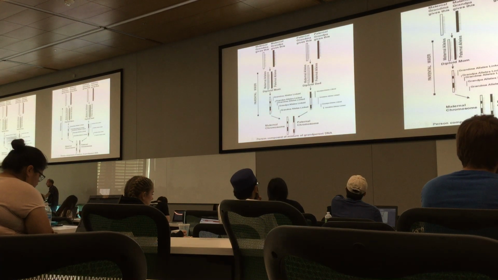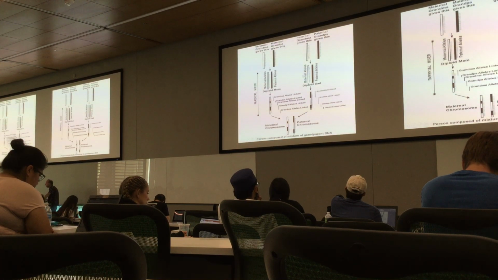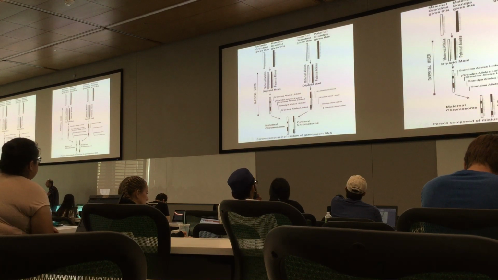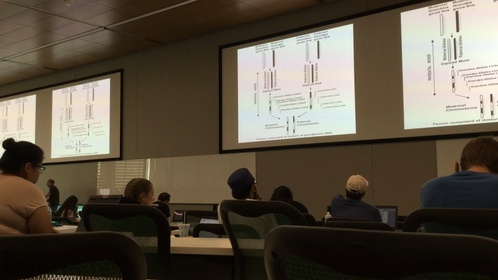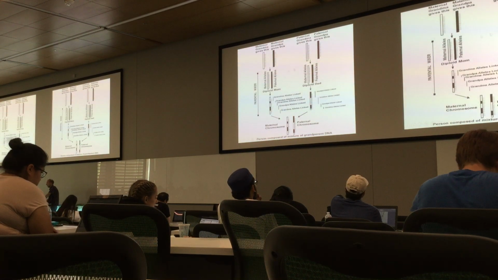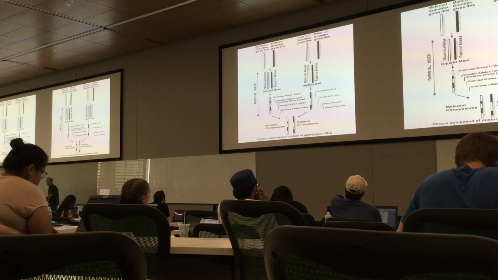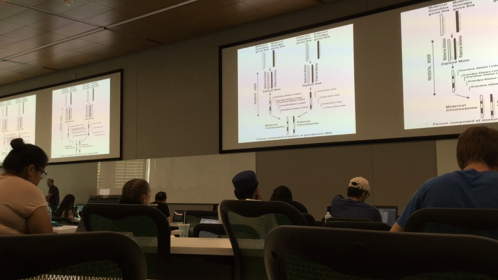Dad is the same way. He gets a set of maternal alleles from, excuse me, from the paternal grandma. He gets a set of paternal alleles from paternal grandpa. Okay, so the parents get maternal set, paternal set, maternal set, paternal set. And what they do with them in meiosis due to recombination is they mix and match the chromosomes.